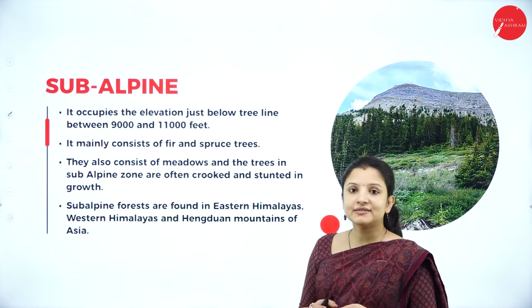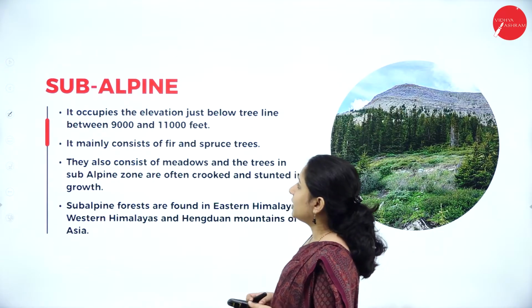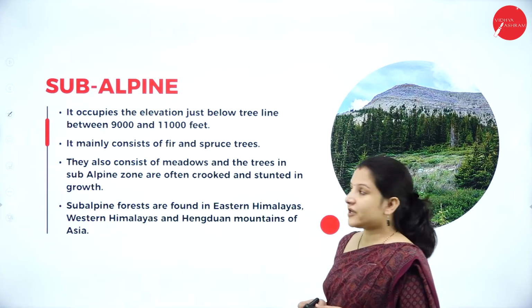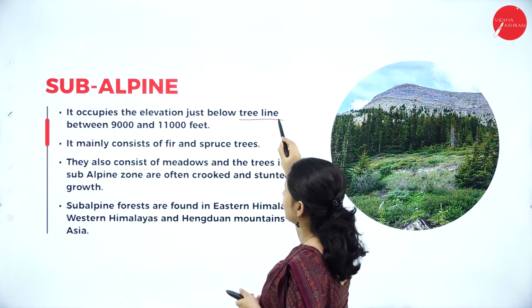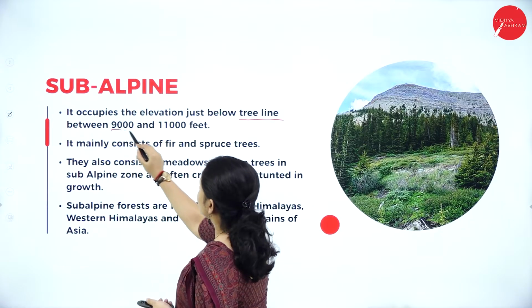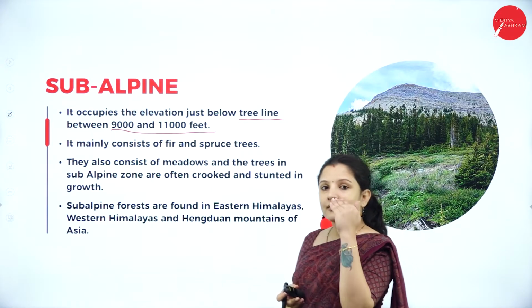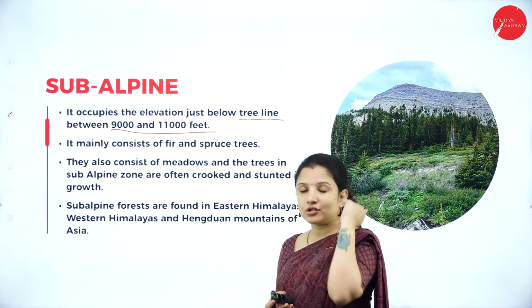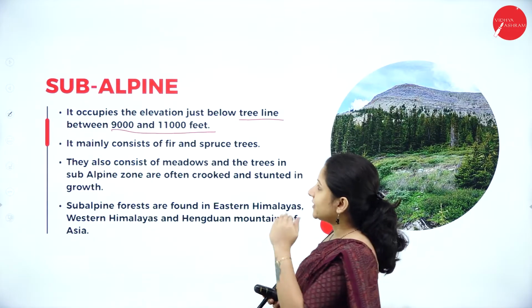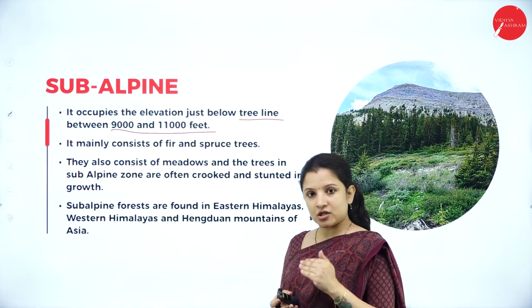Next, talking about the subalpine. The subalpine occupies the elevation just below the tree line, between 9000 to 11,000 feet. So above the mountain, somewhere at 9000 to 11,000 feet, up till that the subalpine vegetation occurs.